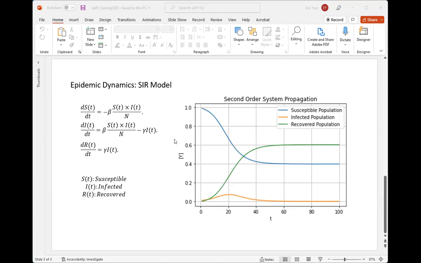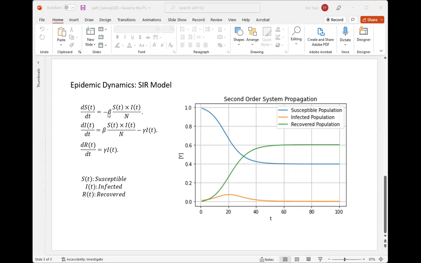In this program, I'll show you a common example of epidemic dynamics. During COVID, we have seen a lot of research popping out, showing how the susceptible population, infected population, and recovered population work out. Basically, the susceptible, who may get the disease, meet with the infected people, scaled with the population.